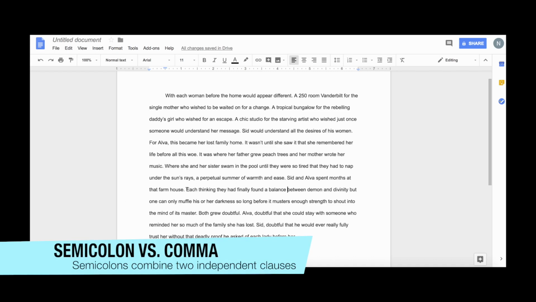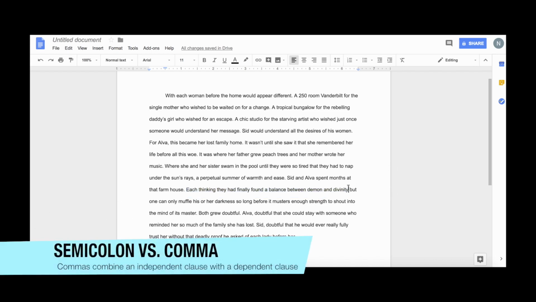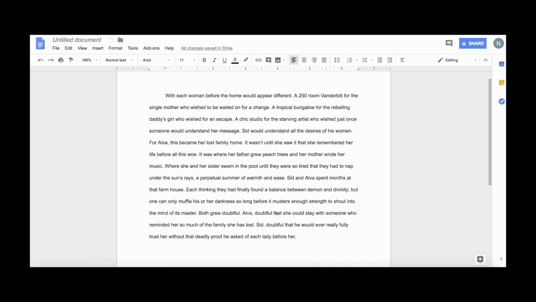So each thinking they had found a balance, but one can only muffle darkness. So here we can include another piece of punctuation to connect these two. So we'll use a semicolon this time. So that will round out that sentence.